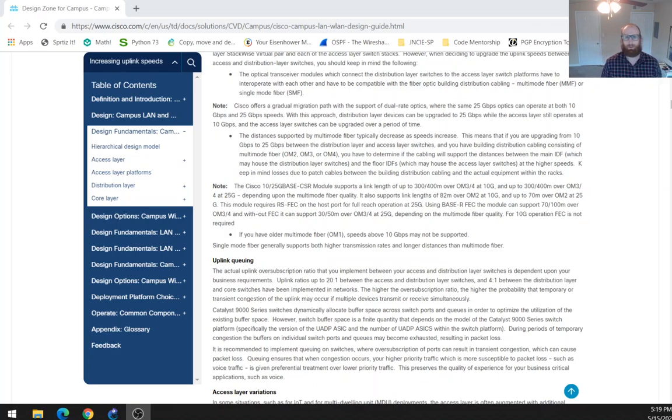This means that if you are upgrading from 10 Gbps to 25 Gbps between the distribution layer and the access layer switches, and you have building distribution cabling consisting of multi-mode fiber, OM2, OM3, or OM4, you have to determine if the cabling will support the distances between the main IDF, which may house the distribution layer switches, and the floor IDFs, which may house the access layer switches at higher speeds. Keep in mind losses due to patch cables between the building distribution cabling and the actual equipment within the racks.